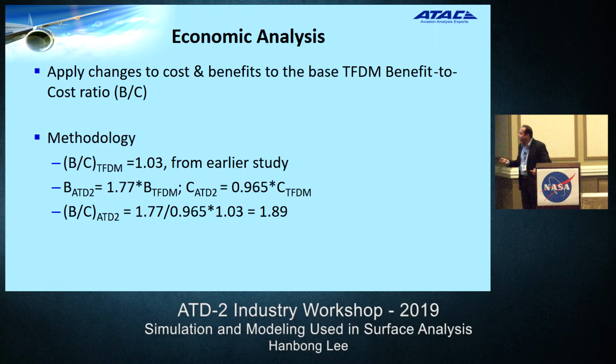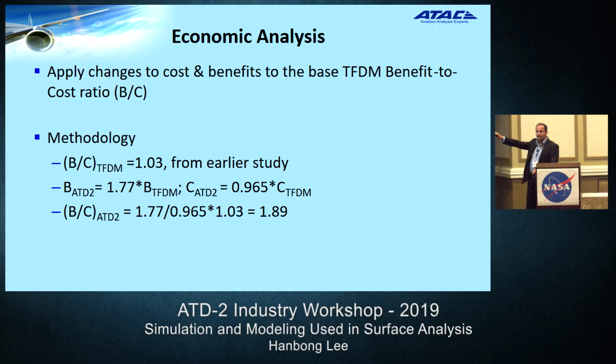And then the final economic analysis: we were trying to see if ATD-2 would have a beneficial impact on the benefit to cost ratio of the TFDM program. The benefit to cost ratio of the TFDM program that an earlier study had estimated was 1.03. Based on all our simulations and the benefit calculations, extrapolating them to nationwide and to annualized, we estimated the benefit would be 1.77 times the benefit that was earlier estimated.